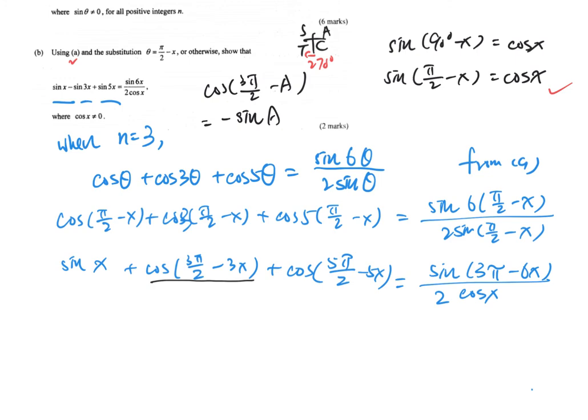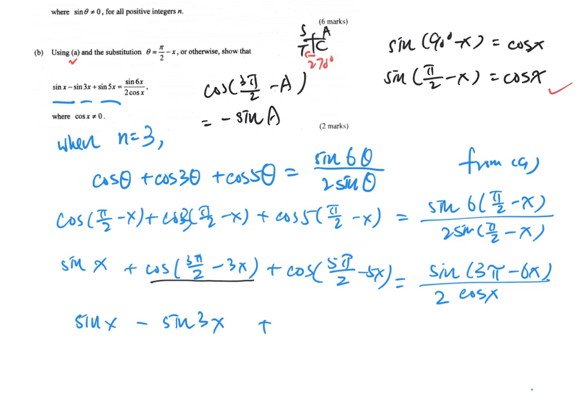The negative belongs to the original trigonometric ratio. Original means cosine, and cosine in quadrant 3 is negative. So we can simplify one by one. Right now we get sine x and then minus sine 3x.